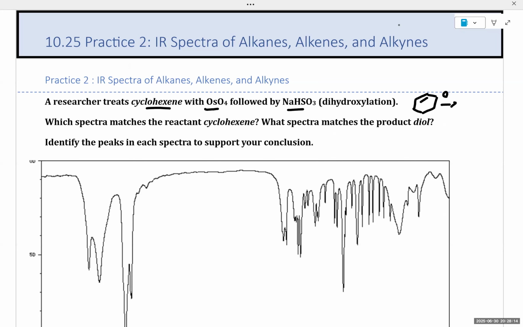So in this case, they're dihydroxylating the alkene to make a diol. So I'd like you to tell me which of the following spectra matches the reactant cyclohexene and which spectra matches the product diol. And I'd like you to identify the peaks in each spectra to support your conclusion.